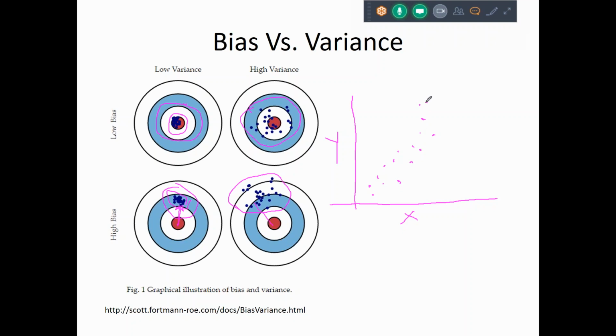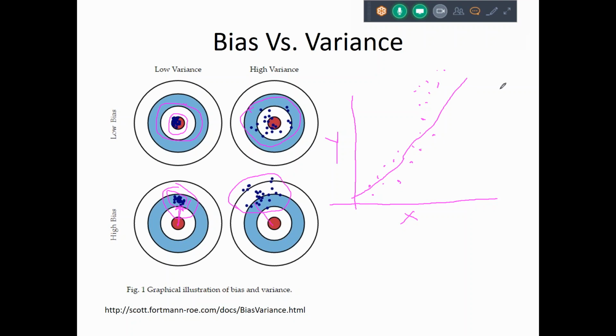Now the moment I go above a certain point, if I build a linear regression, I'll get an equation which will be a straight line, though some crookedness has come from my hand.